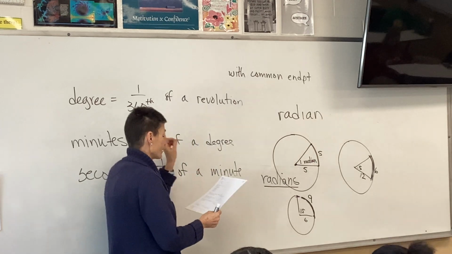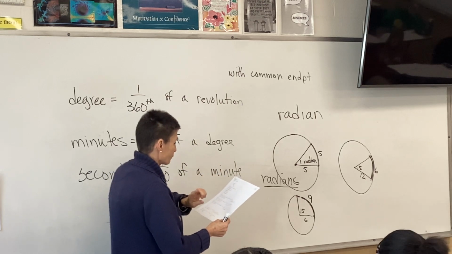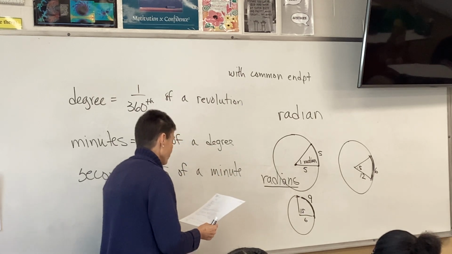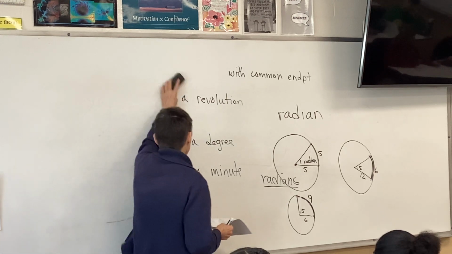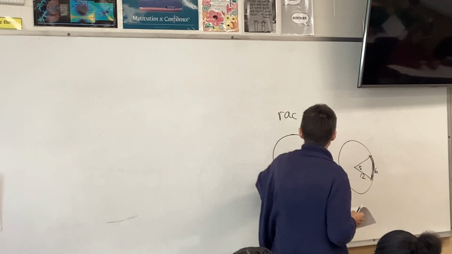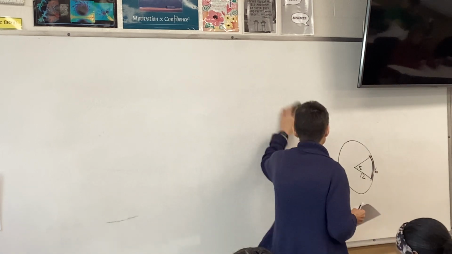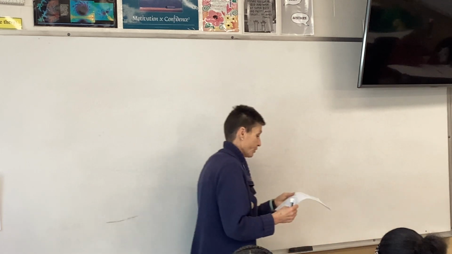Convert from degrees, minutes, seconds, that's what DMS stands for, to decimal form. Now, you guys are so lucky because when I learned this at your age, I had to do it all by hand and it was so tedious. You got a button on your calculator that'll do it for you.